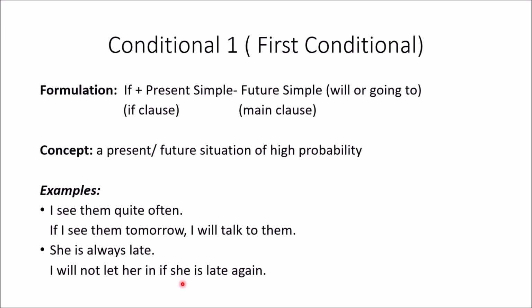And it would not be wrong if we chose to say, if she is late again, I will not let her in. So we are just discussing the rule we mentioned earlier. The if clause can be the first or the second in the sentence without any change in the meaning.